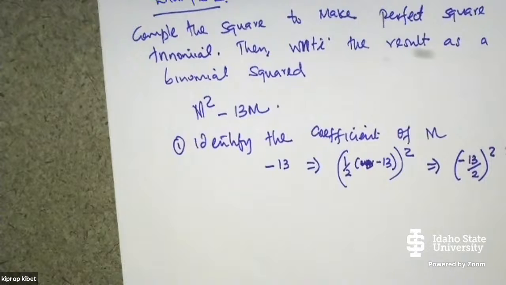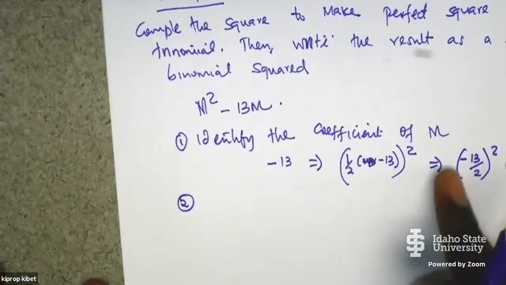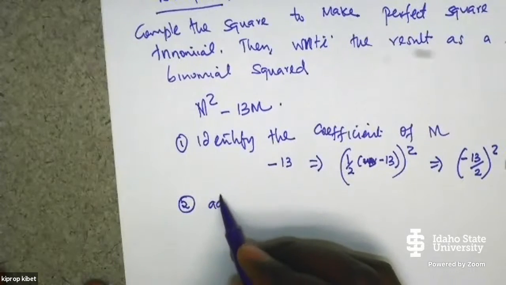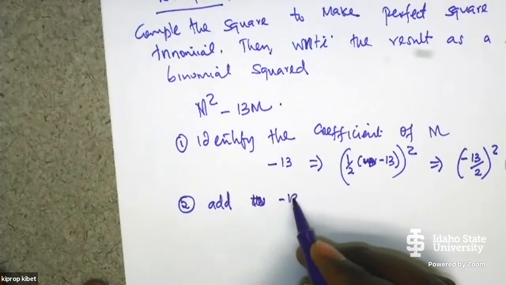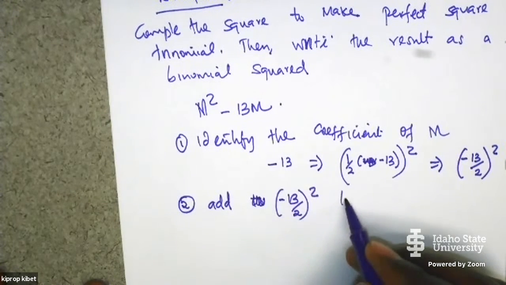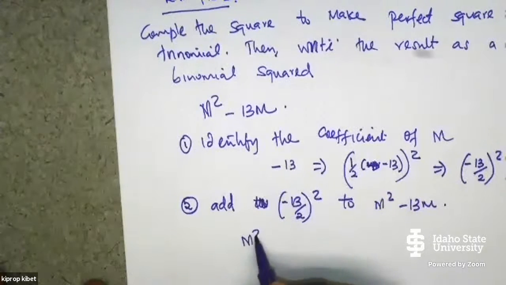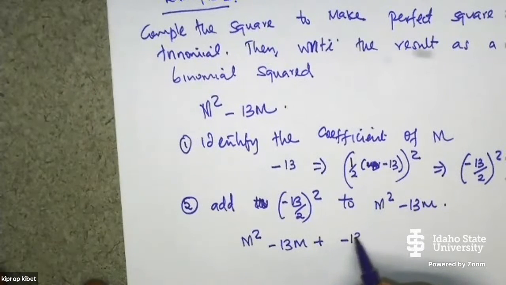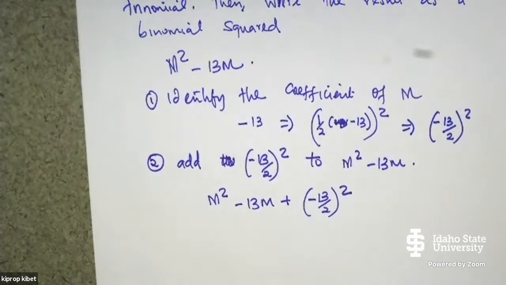Okay, so number two, we do what? We add this coefficient to this equation. So we add negative 13 all over 2 squared to m squared minus 13m, which will form m squared minus 13m plus negative 13 all over 2, squared.